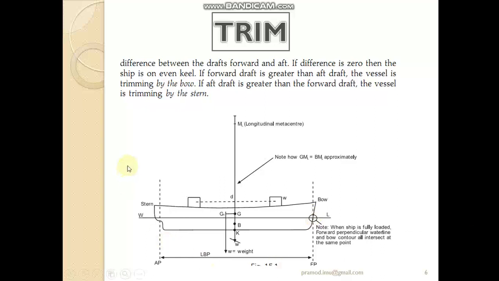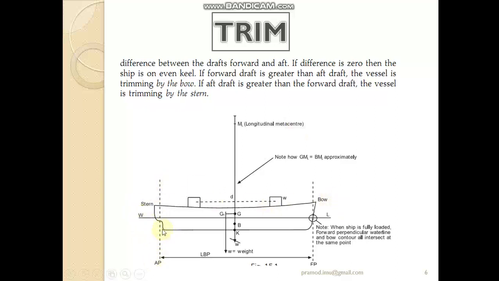You can see here we have a vessel and the view of the vessel in the longitudinal frame, and we can see the line connecting keel K, the center of buoyancy B, center of gravity G, and ML, your longitudinal metacenter. It is the metacenter which is considered in the longitudinal direction when we study the longitudinal stability of ships.